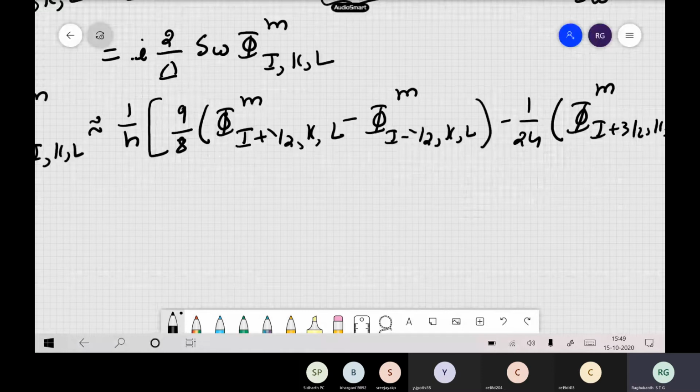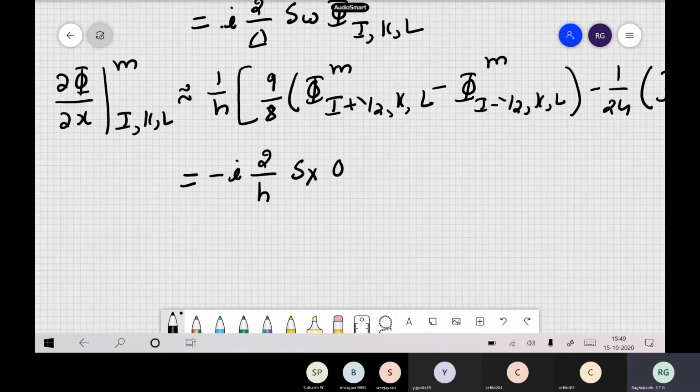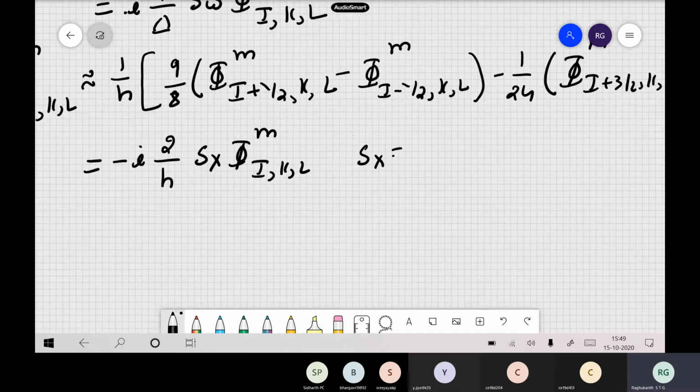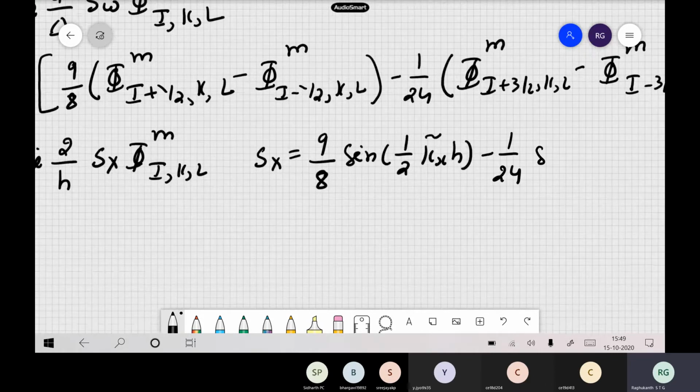So finally this turns out to be, okay, this derivative you can write as minus i, 2 by h, S_x, φ m I K L. Where this S_x is nothing but 9 by 8 sine half k_x bar h, minus 1 by 24 sine 3 by 2 k_x bar into h.